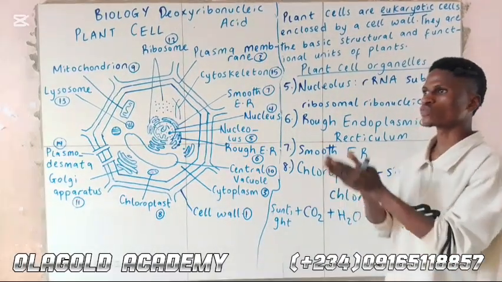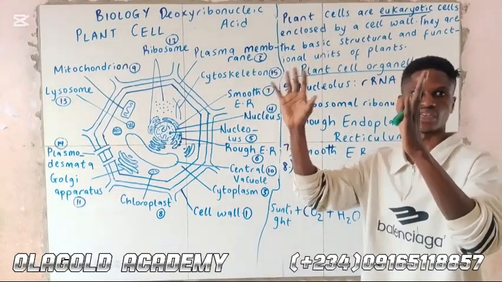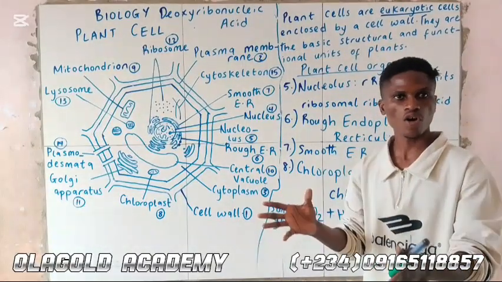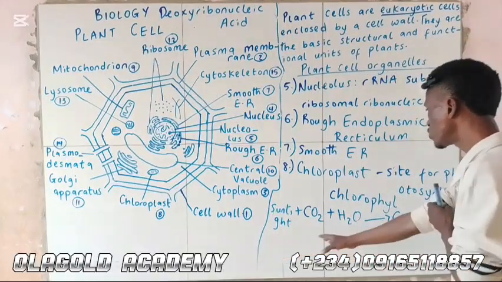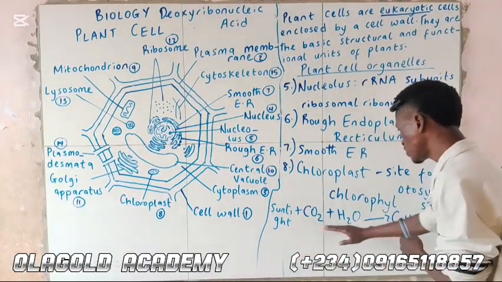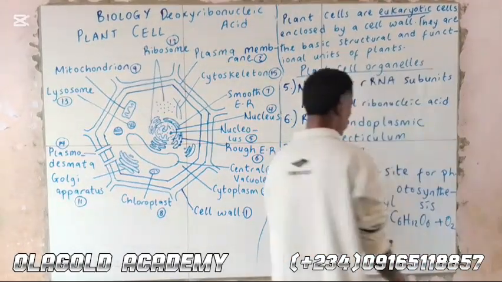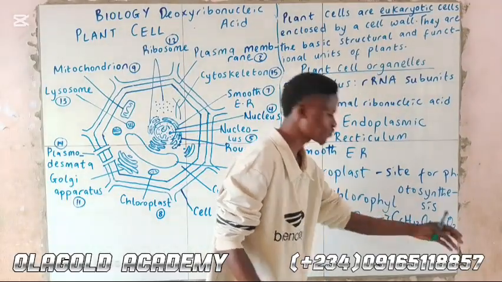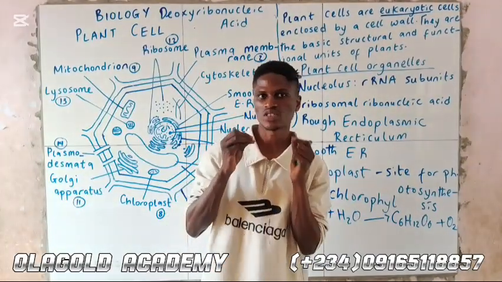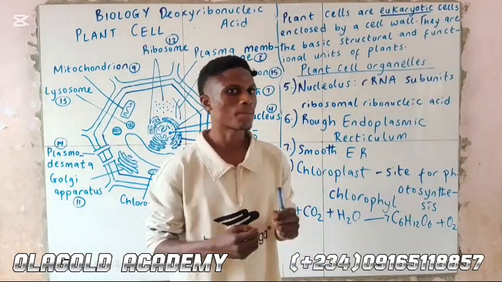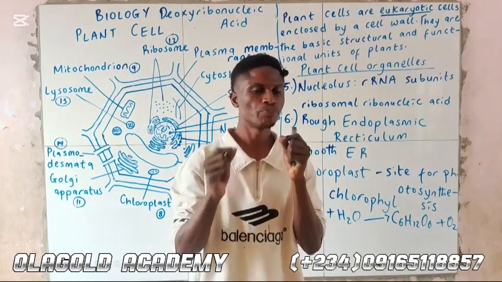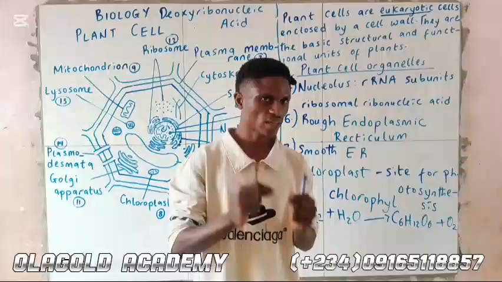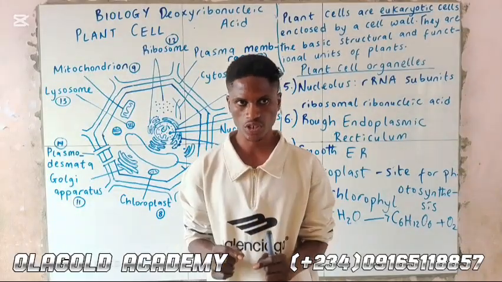So when the sun shines, maybe in the afternoon or before afternoon, the sun helps to convert these two substances into glucose. That's the reason why it is not advisable to water plants in the afternoon, because the afternoon is a period when photosynthesis usually takes place.